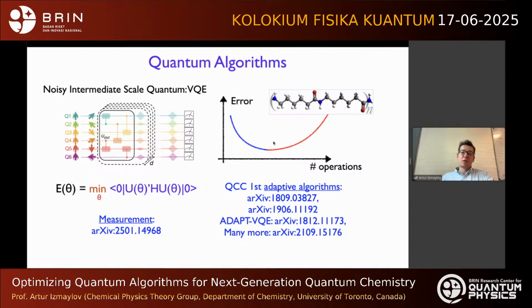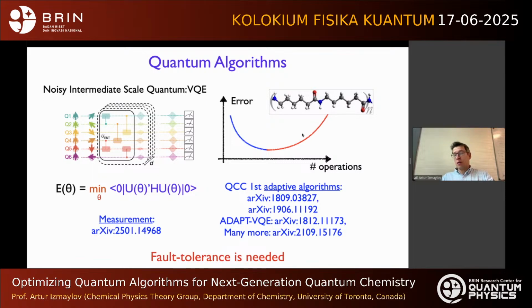And that is not possible because with the bigger molecule, you will need more operations, and eventually you will get to this point where errors start accumulating, and essentially your quantum advantage will disappear, and soon the method will start producing garbage essentially.